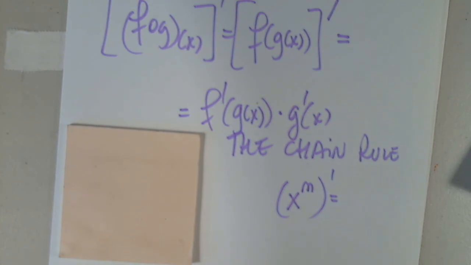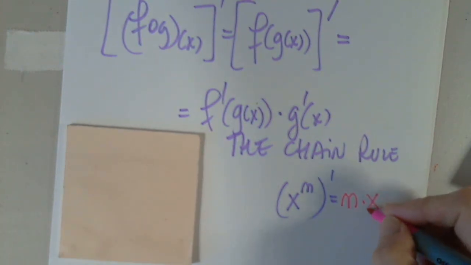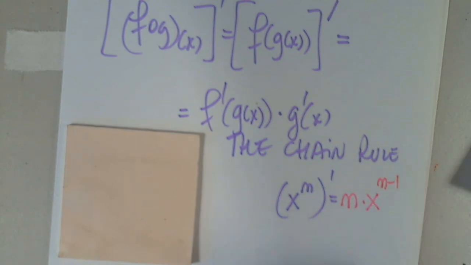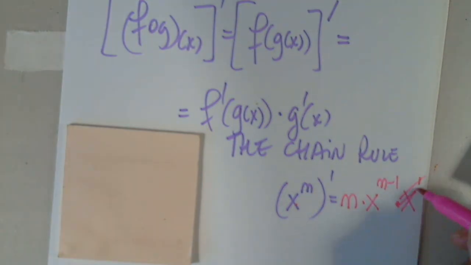How do we differentiate x to the nth power? N times x to n minus 1, and I should write, times x prime. But there is no need, because we already established that that is 1.